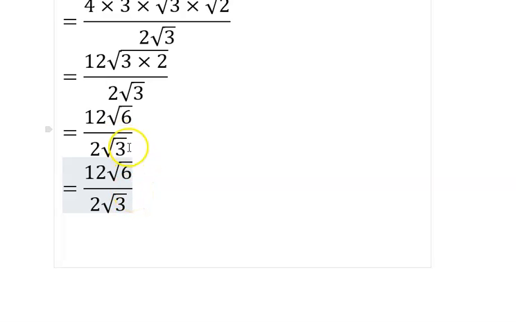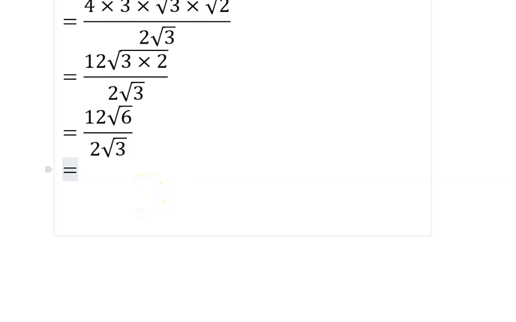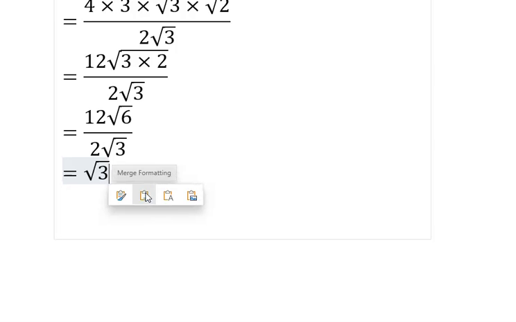So we have, okay, let's make use of this. 12 divided by 2 here will give us 6.